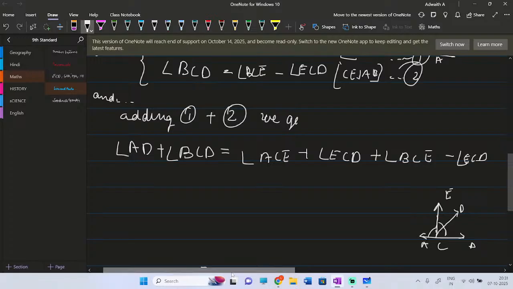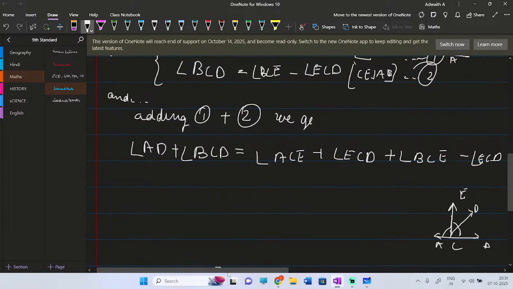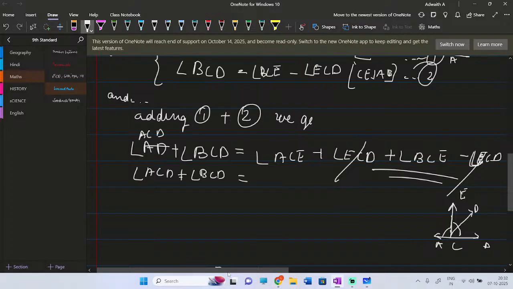The angle ECD plus and minus cancel, so angle ACD plus angle BCD equals angle ACE plus angle BCE. Very true? Perfect.